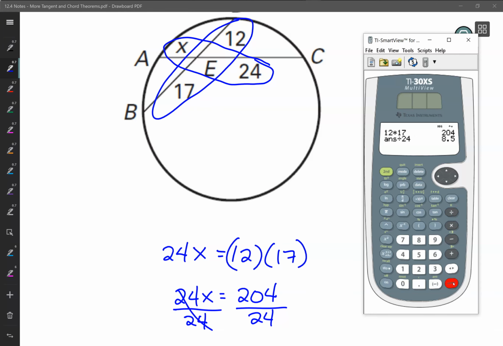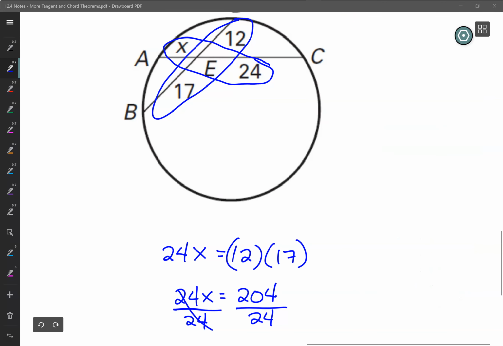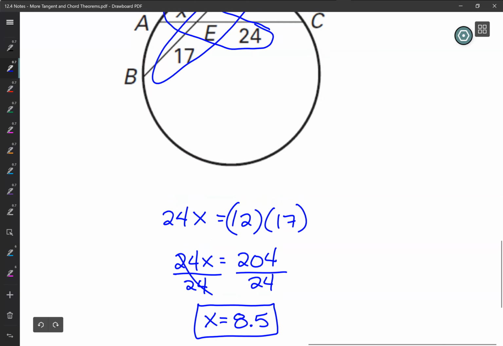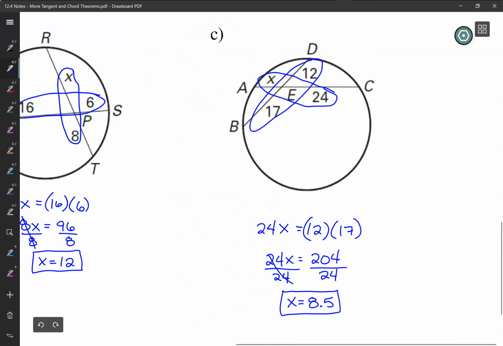Gives me x is 8.5. So those are the two theorems. Really fast and easy.